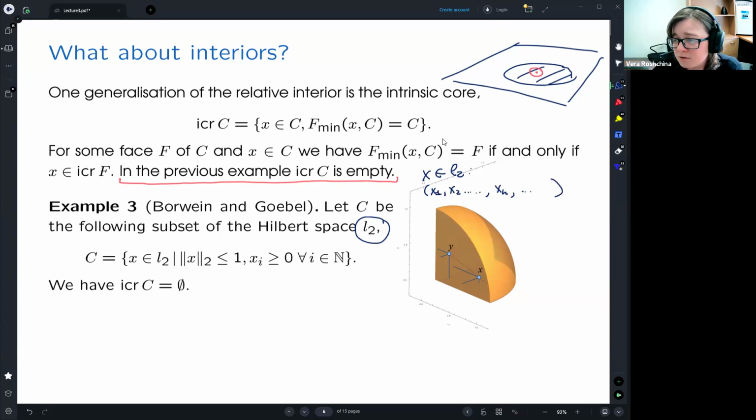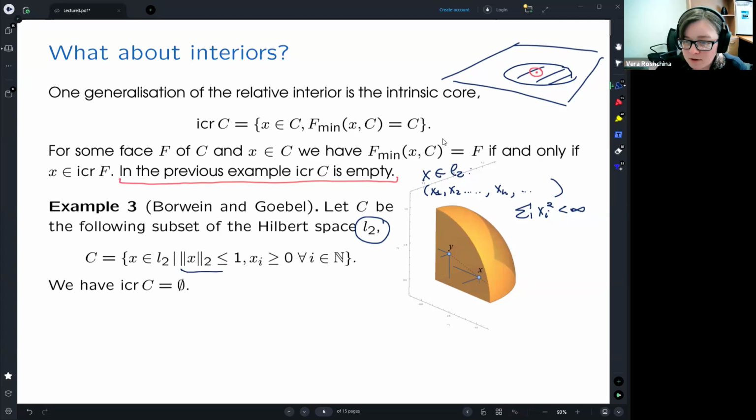We want to make sure it's only in here if the sum of x_i squared is less than infinity. So we take what would basically be the unit ball. And in that unit ball, we only take points with non-negative coordinates.